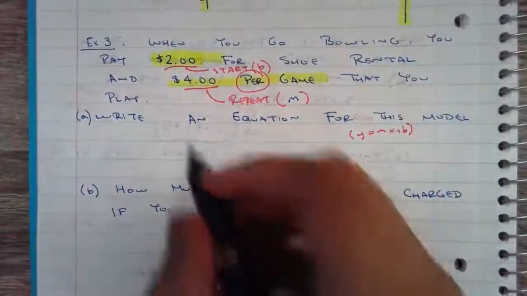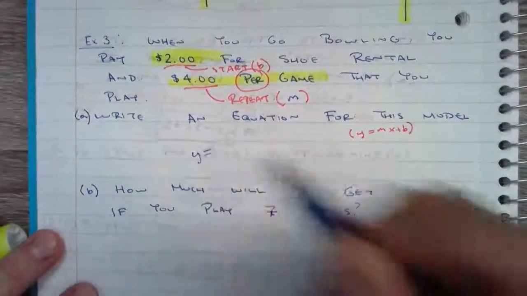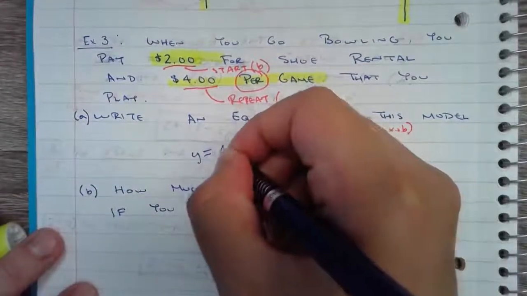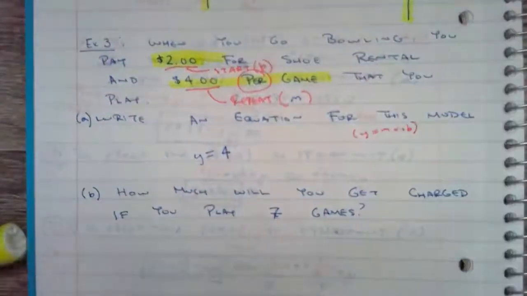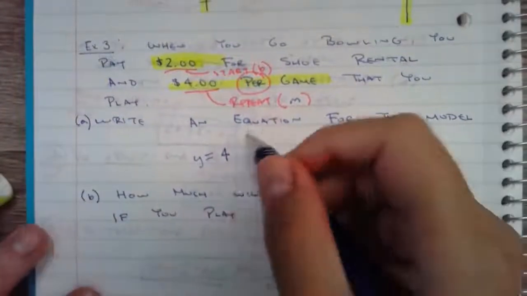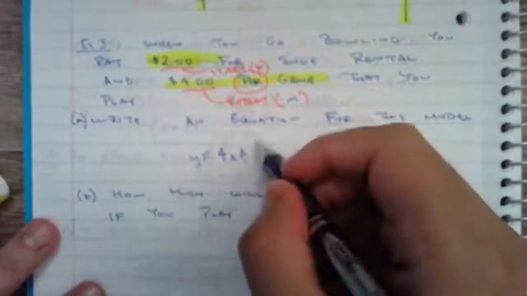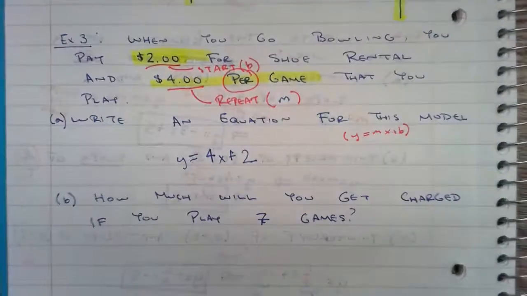So now I'm going to get my equation. Y equals, what's my m in this case? It's $4. So I'm going to put 4x plus what you start with, that's your 2. So it's y equals 4x plus 2.